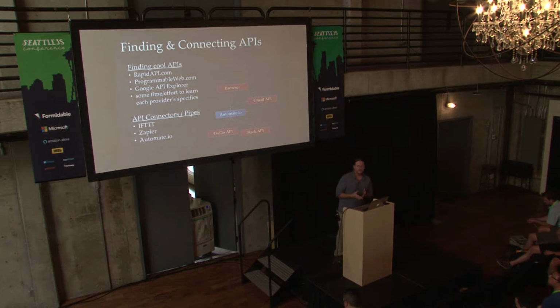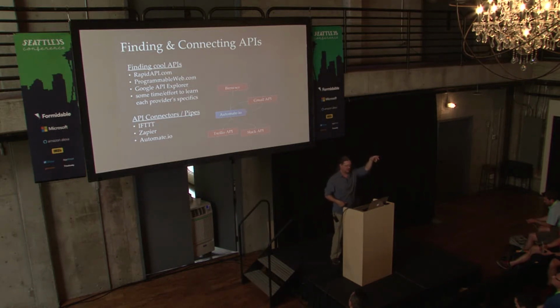Now, if you want to do that in a way that doesn't require much back-end programming at all, one option available to you is these things called API connectors, right? So IFTTT, Zapier, Automate.io. You can use these to access different API providers. So from my browser app, I can fire a webhook.